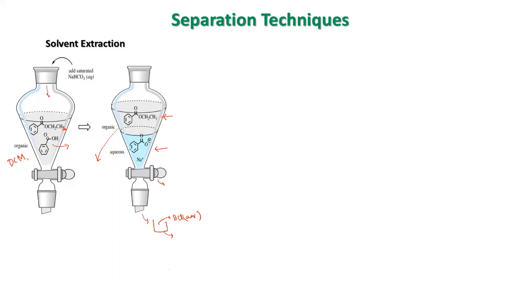Okay, so solvent extraction is a good technique, but it depends on what kind of compound you are trying to separate. There should be some distinct behavior, and only then can you do it. Like with benzoic acid, you can easily convert it to a salt and bring it to the aqueous layer.